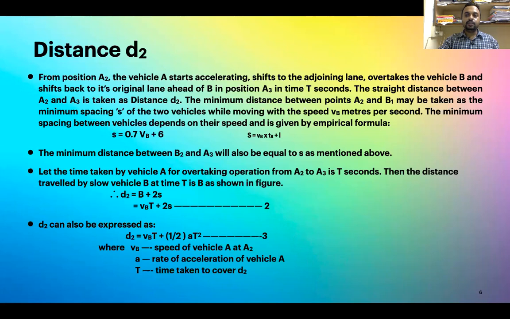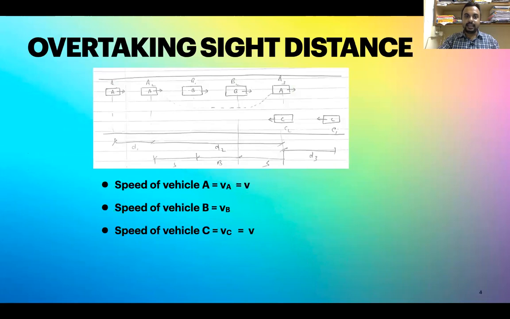Now this D2 can also be expressed by the equation of motion, S equal to ut plus half at square, because the vehicle A accelerates. Please observe, the vehicle A is accelerating from point A2.